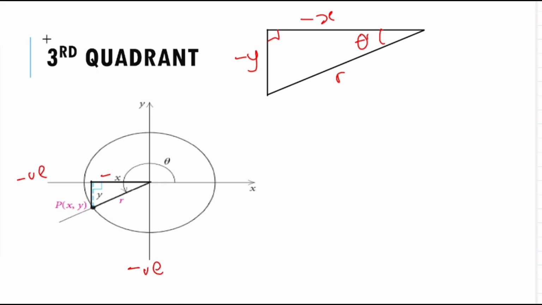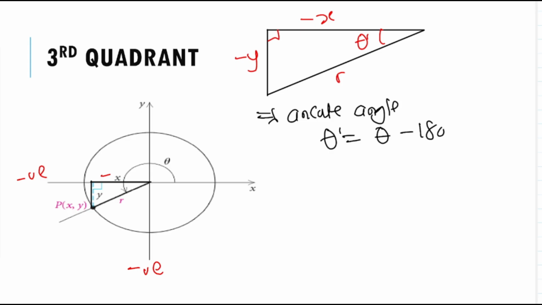So you can see how the sine is changing with respect to the rotation. The acute angle theta prime equals theta minus 180 degrees, because the angle in the third quadrant is between 180 and 270, so we have to subtract 180 from the given angle to get the reference acute angle.